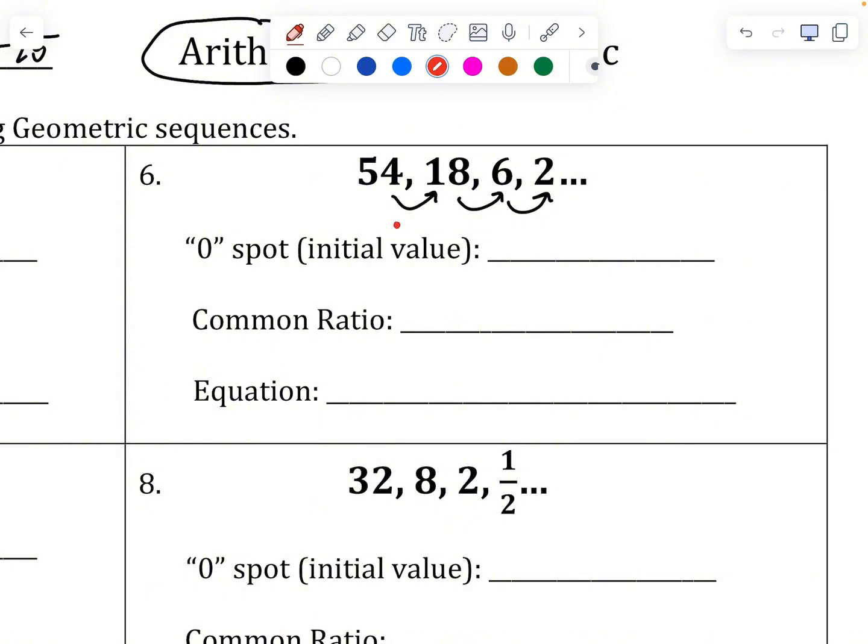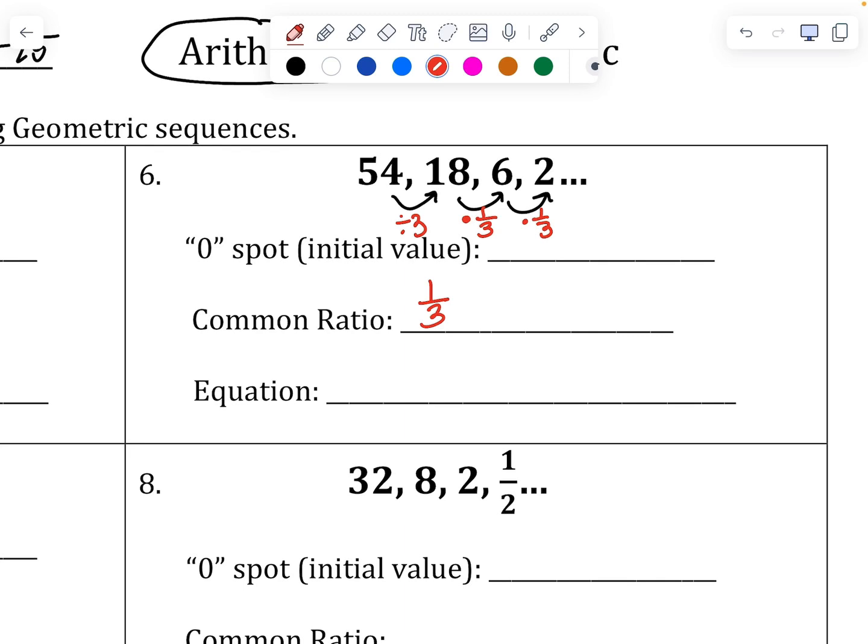Okay, multiplying by 1 over 3, and we know that's the same thing as dividing by 3. Let's take a look at that. 54, type it in your calculator, divide by 3, that makes 18. 18 divided by 3, that makes 6. And 6 divided by 3 makes 2. So that is correct. And we know that dividing by 3 is the same thing as multiplying by a third. So that is your constant multiplier.